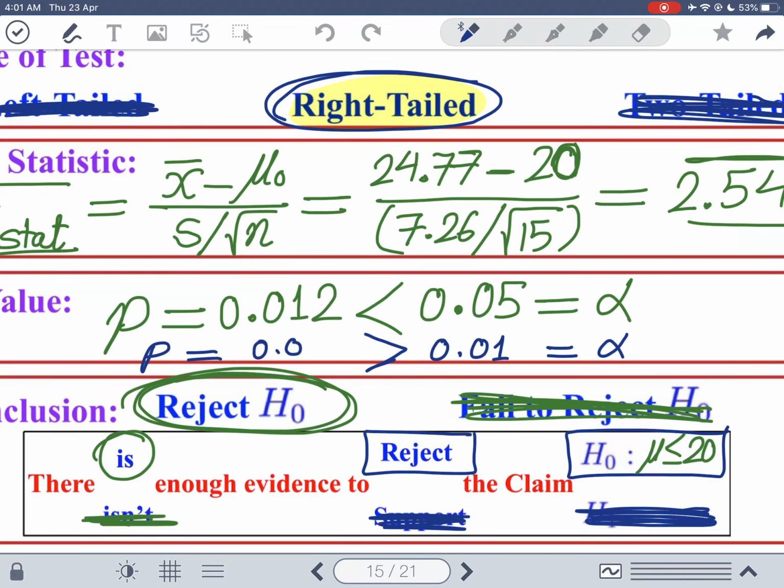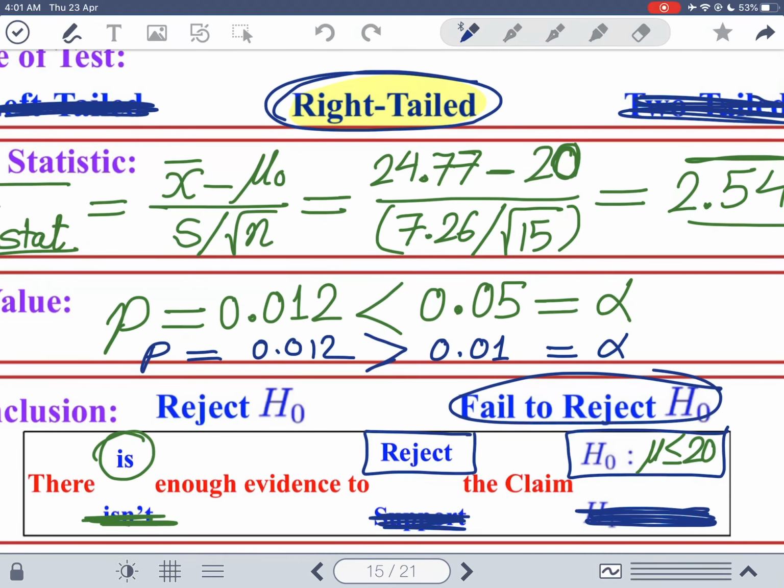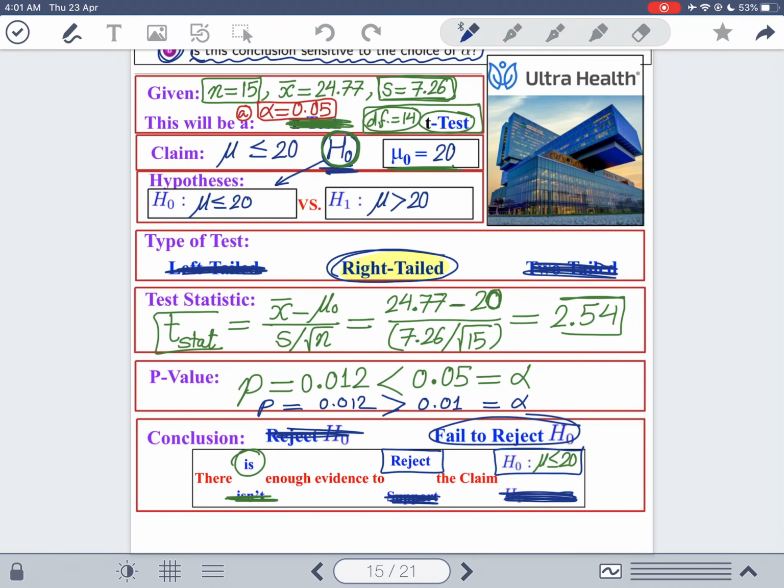So let me write it like this. And if it's bigger, what will happen is that you will fail to reject the null hypothesis. So we don't have enough evidence to reject the clinic's claim.